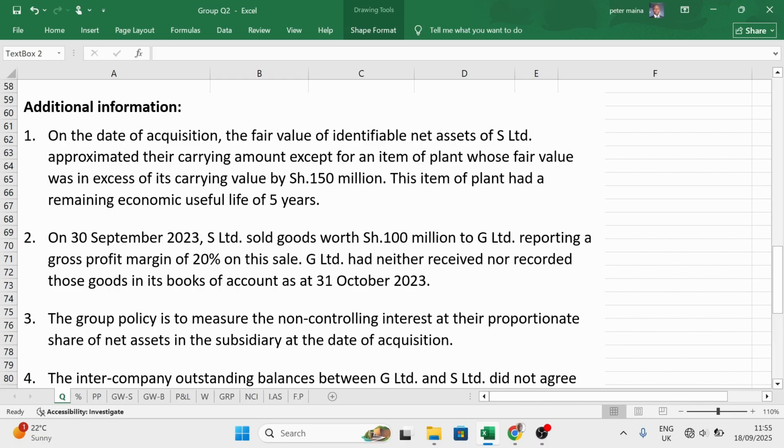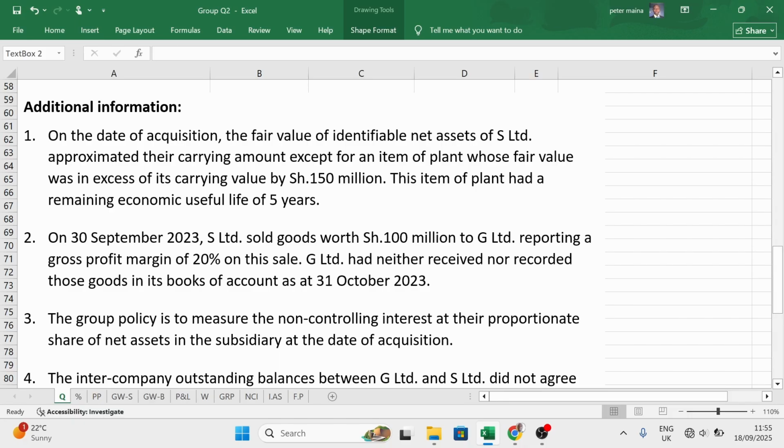You are given the revaluation gain is 150 million. And then the plant, you are told it had a remaining economic useful life of 5 years. So we are supposed to calculate depreciation adjustment based on the gain in revaluation. Reason being, initially, depreciation was calculated before the revaluation was adjusted.